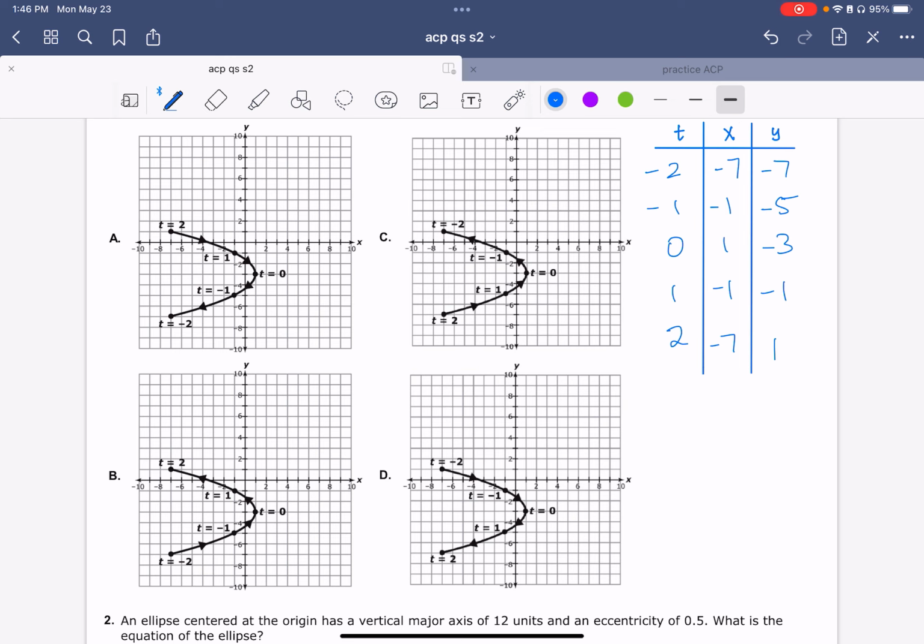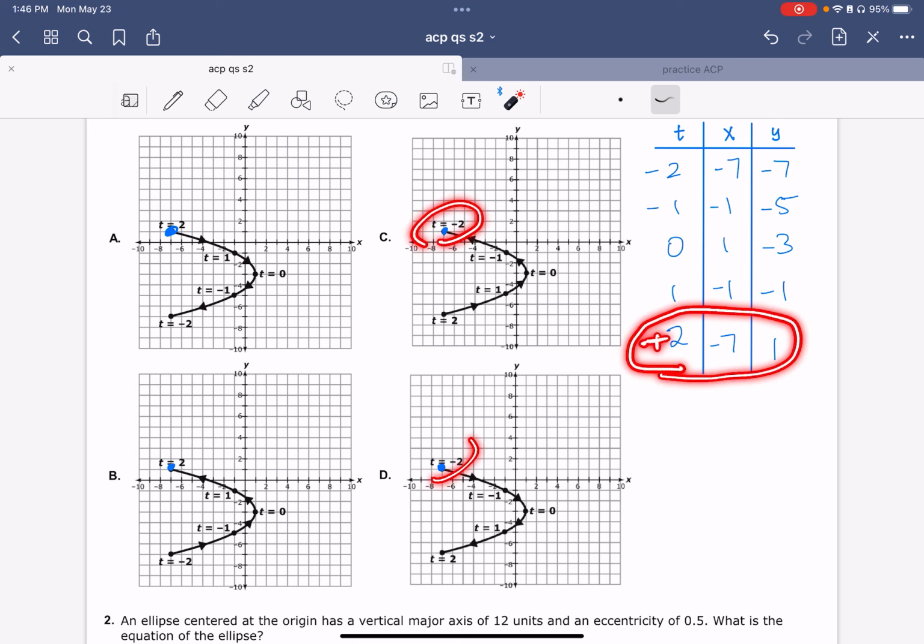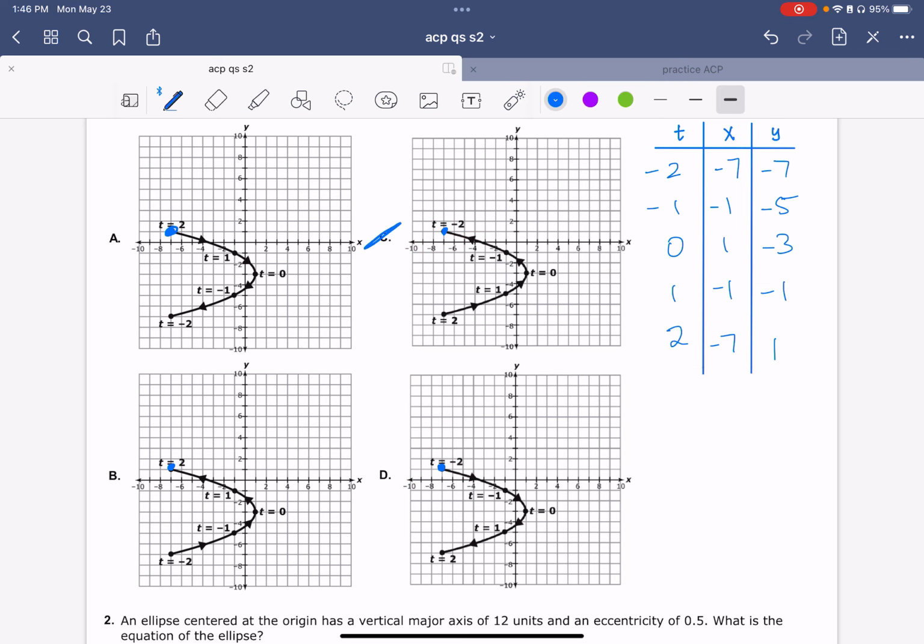So if I were to graph negative 7, positive 1 on all of these, they all have a point there, but negative 7, positive 1 is for positive 2. So these that have negative 2, that is the incorrect point for t equals negative 2. So C and D are no longer options.